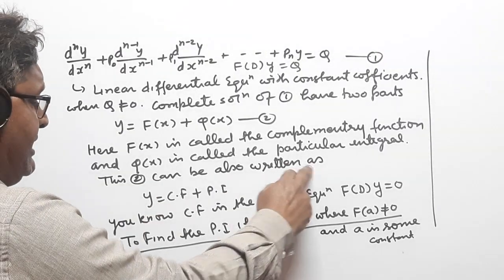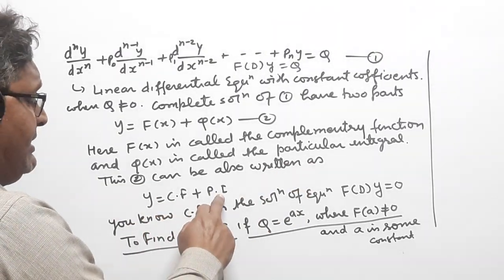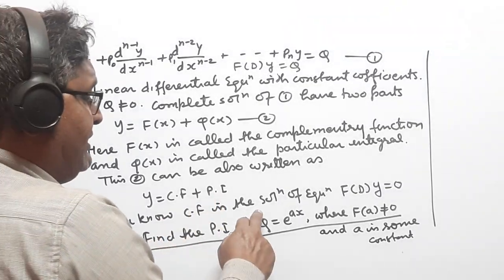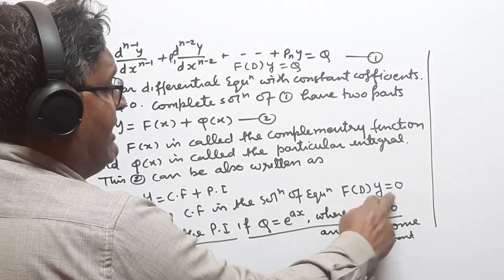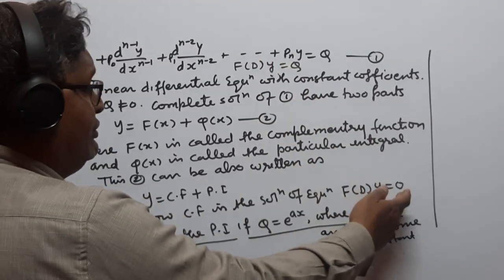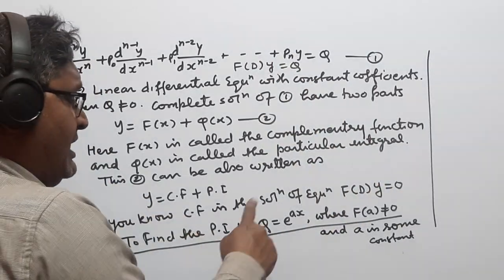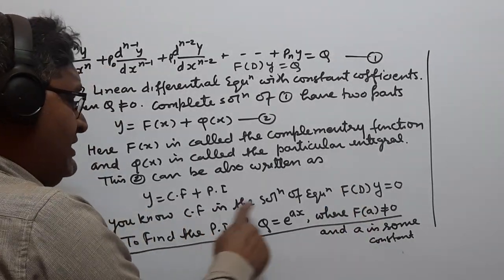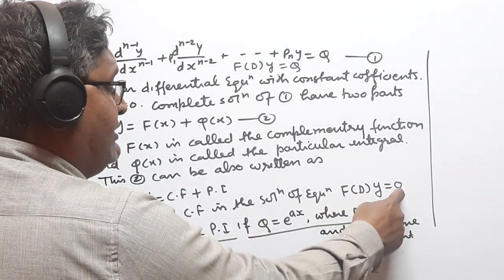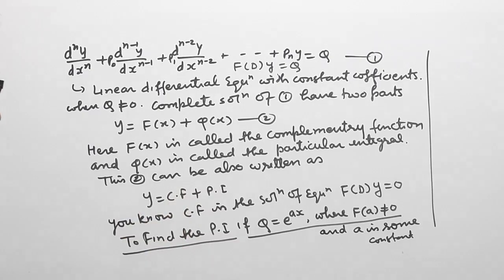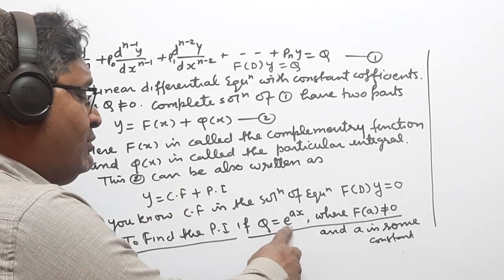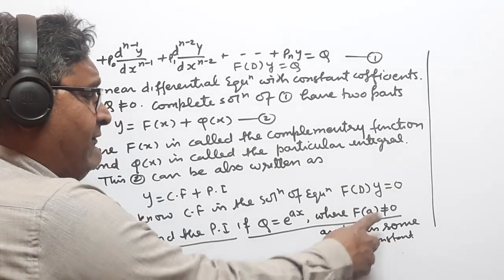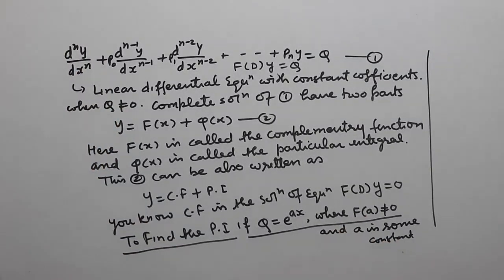This can also be written as y = complementary function + particular integral. You know that the complementary function is the solution of the equation f(D)y = 0. If q is equal to 0, then CF is the solution of this equation f(D)y = 0. Now we find the particular integral if q is equal to e^(ax), where a is some constant and f(a) is not equal to 0.